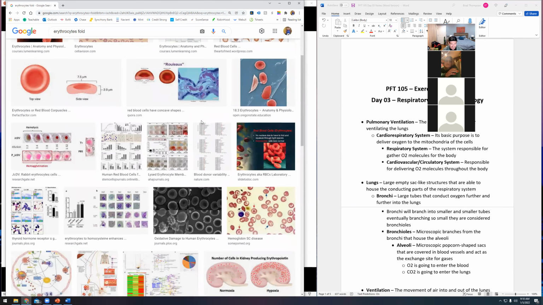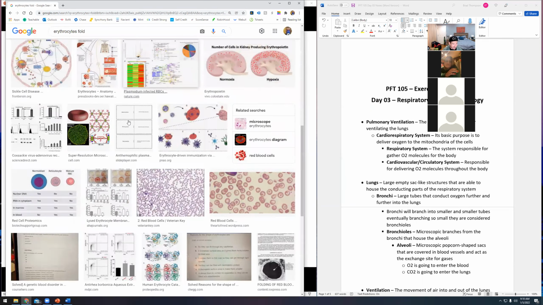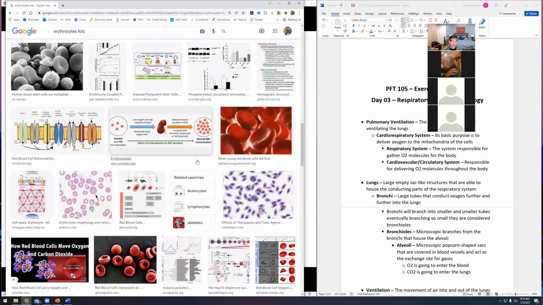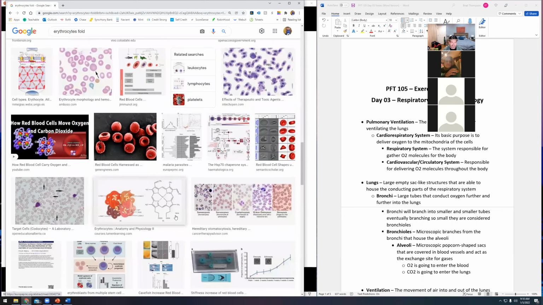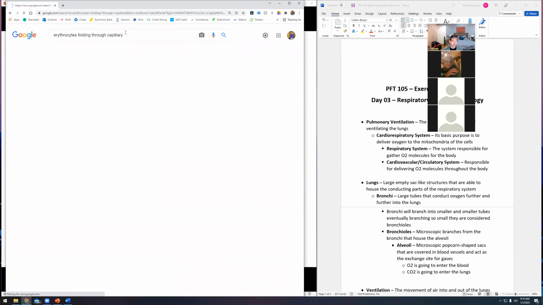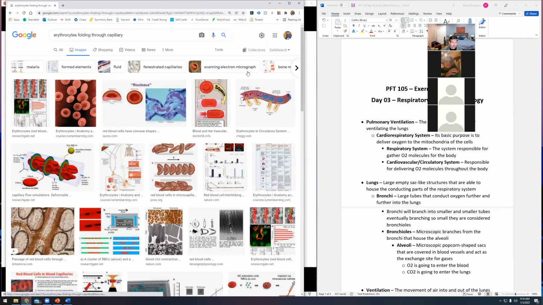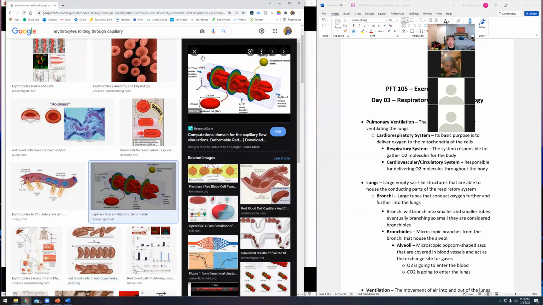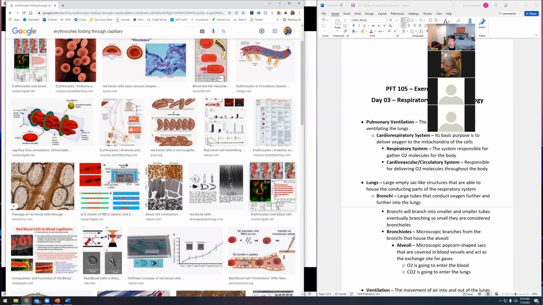I can never find the pictures I want. But just picture one of those kind of folded in half. Let's see if we can find that. Oh, there we go. Yeah, you can kind of see it there, right? So they can fold really easily, and that allows them to squeeze through your capillaries, right?